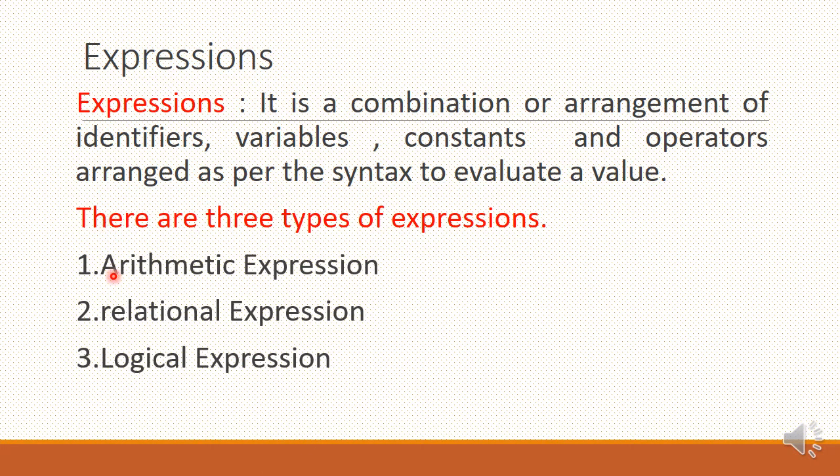The first one is the arithmetic expression, the second one is the relational expression and the third one is the logical expression. Depending on the availability of the operators, they are divided into three types: arithmetic expressions, relational expressions and logical expressions.